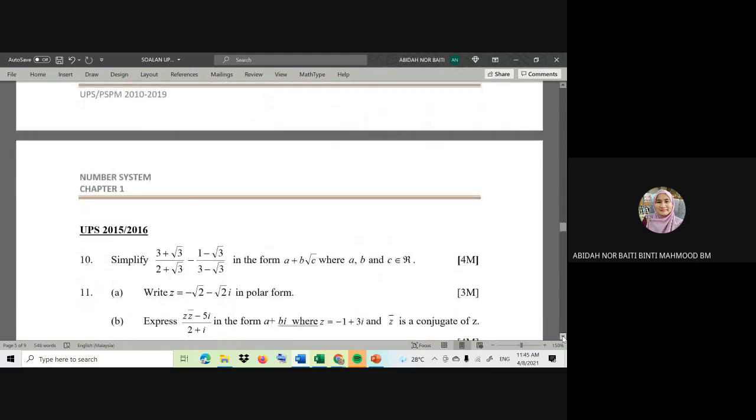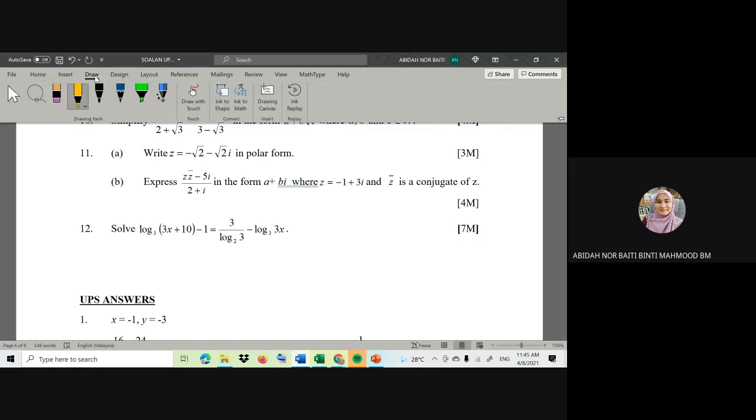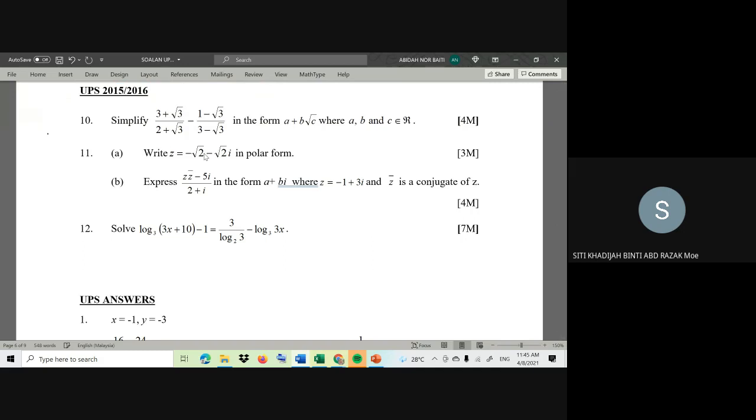Now question number 10. You can do number 10 by yourself. How do you do it? Equalize the denominators, because this is subtraction of fractions with different denominators, right?